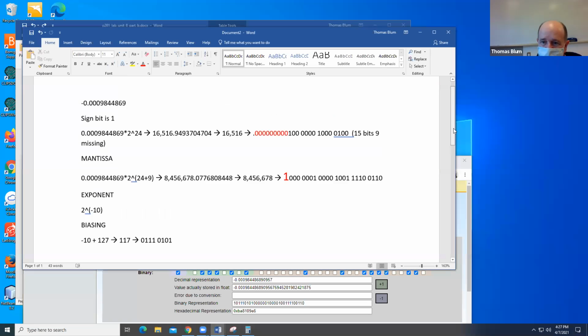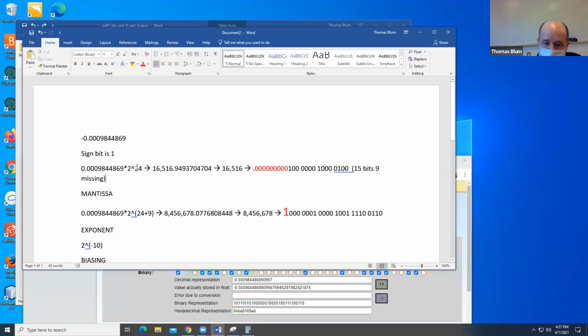My usual game is I'm looking for 24 bits. So when I have a whole number and a fraction, I see how many bits are taken up by my whole number, and then I deal with a fraction with what's left over. But I had no whole number this time, so I'm playing the fraction game with all 24 bits.